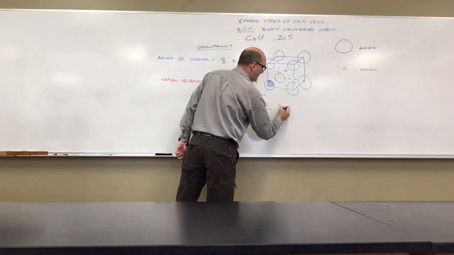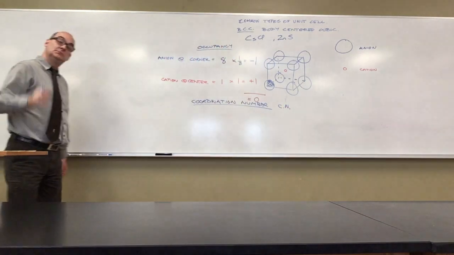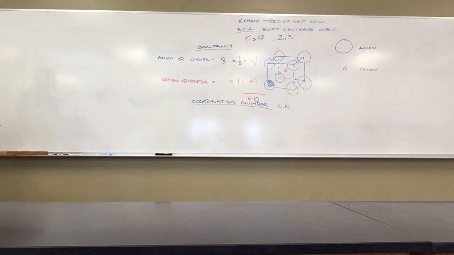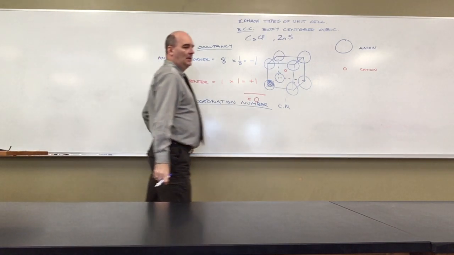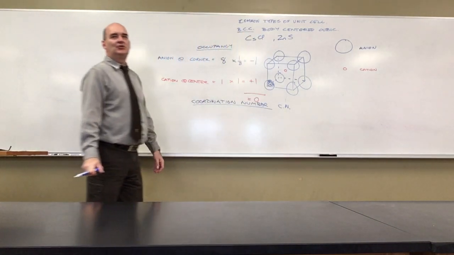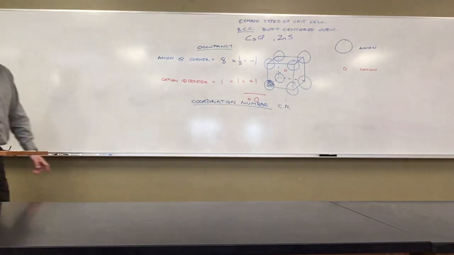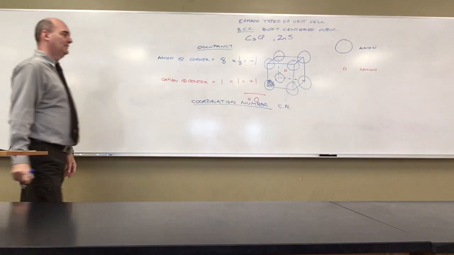Coordination number, which is C.N., not CN, because that's cyanide. The coordination number tells us the number of objects geometrically arranged around another central object.